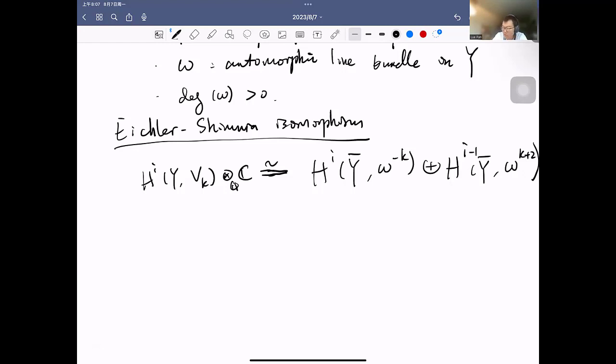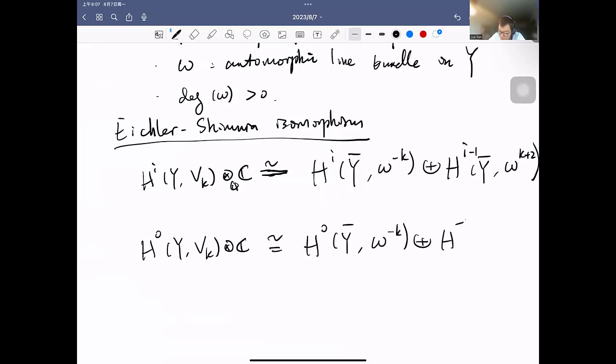So we see that now if we just look at the H0, the right hand side is just H0 of Y bar, omega to the minus k, direct sum with H^(-1) of omega to the k plus 2. But for this sheaf omega^(k+2), of course, there is no H^(-1).